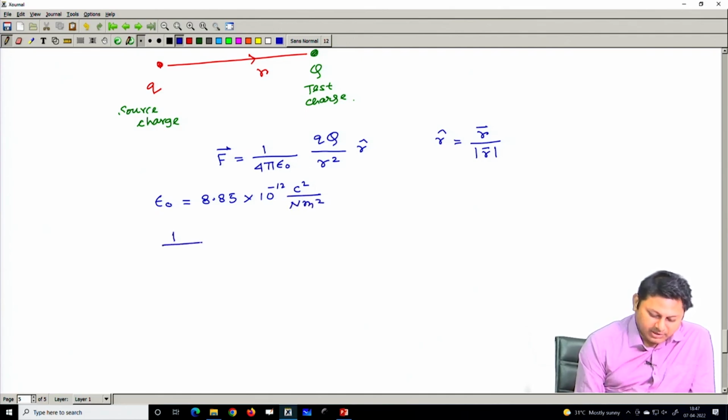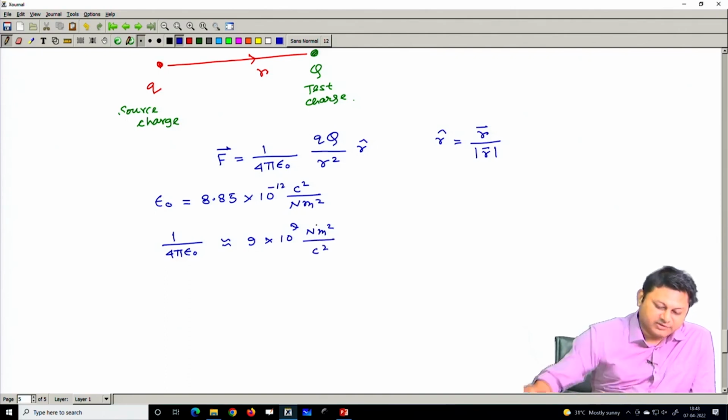And 1 by 4 pi epsilon 0, if I calculate, is of the order of nearly 9 into 10 to the power of 9 Newton meter square divided by Coulomb square.